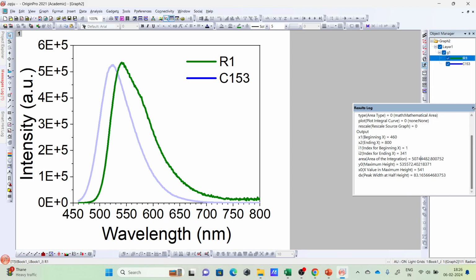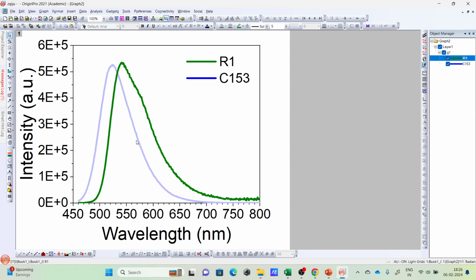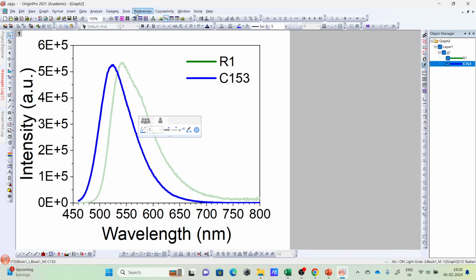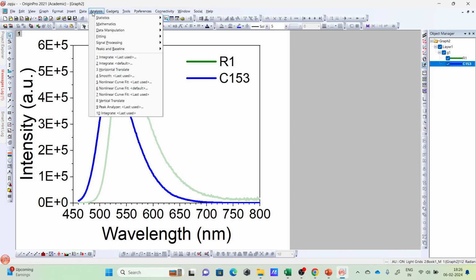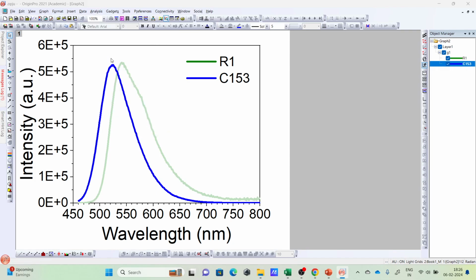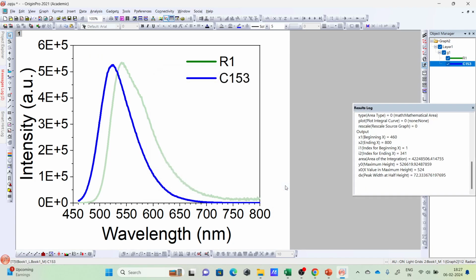What about our standard? The standard has an intensity here. So I'll go to analysis, I will integrate, mathematical area, which is 42248506.4. Okay.